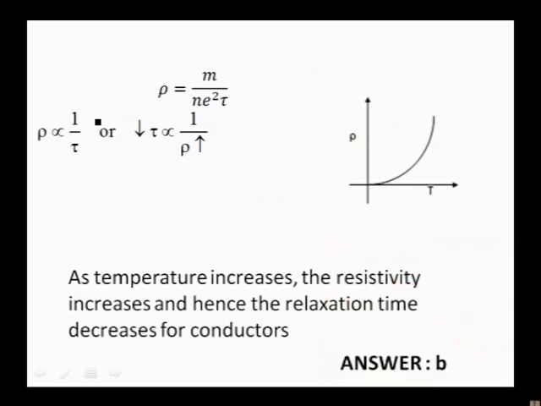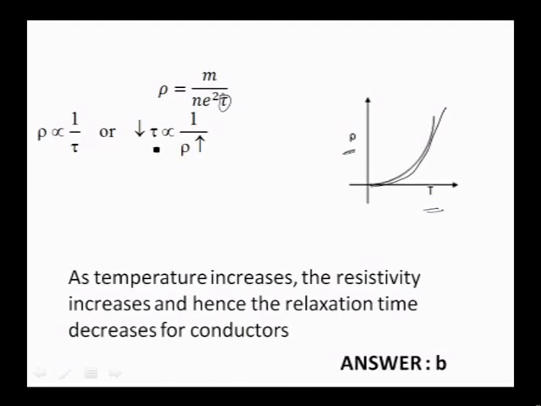That is, we have a relation. This is resistivity, which is equal to m divided by n e square tau. This resistivity and the relaxation time are inversely related. We have a graph of resistivity versus temperature for conductors. It increases with increase in temperature.